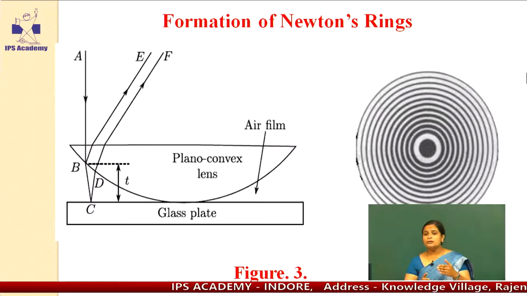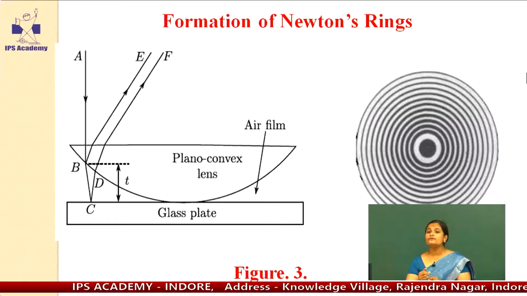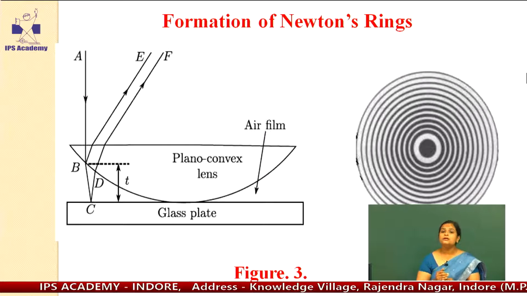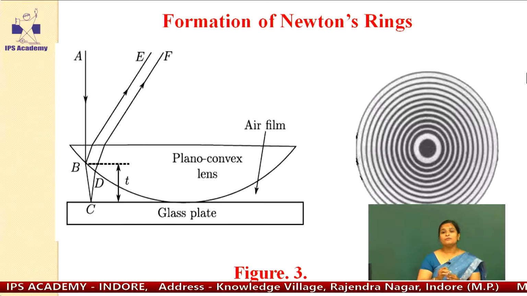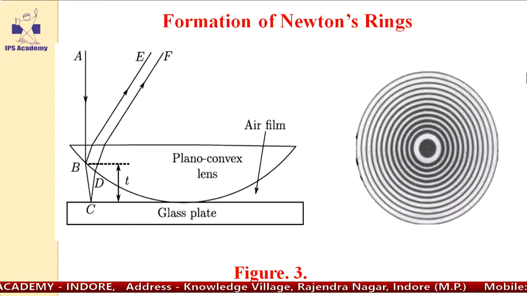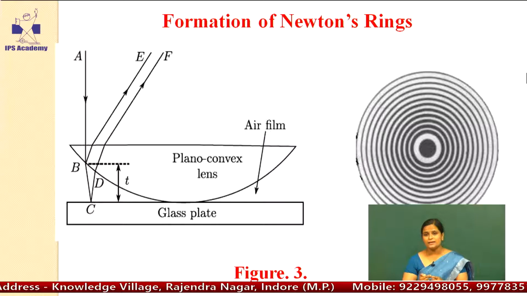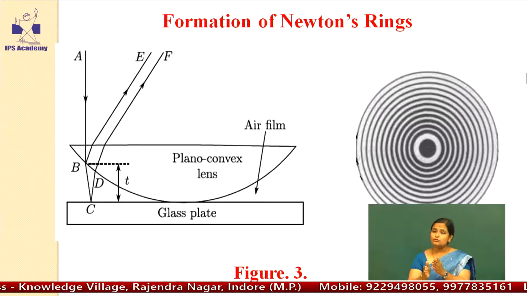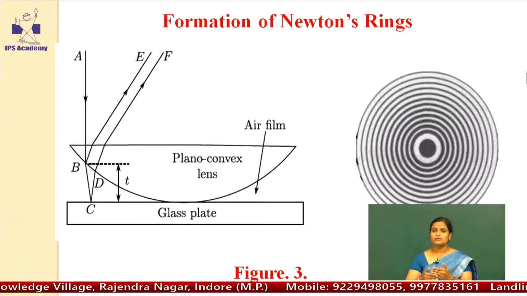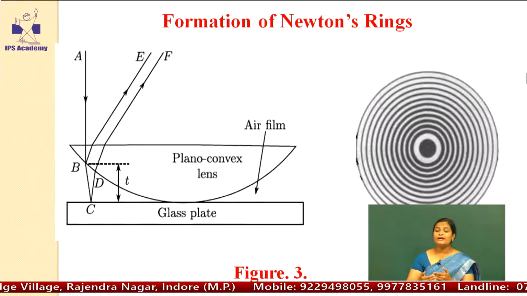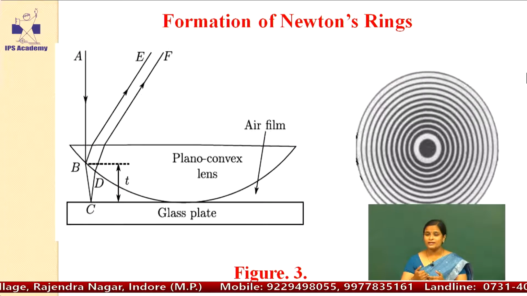Okay. So again I am repeating the same thing. The interference occurs because of the division of amplitude, because there is a thin film in between the plano-convex lens and the glass plate, and the light which is reflecting from the point B and the light which is reflecting from the point C, when these two beams interfere with each other, we will get the interference fringes on the screen.